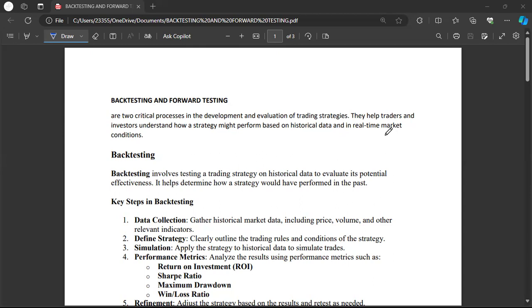Now, let's look at the differences. In fact, one is a subset of the other, and forward testing is actually dependent on backtesting. So if you do not have a backtest, or a strategy for that matter, you can't be doing forward testing.